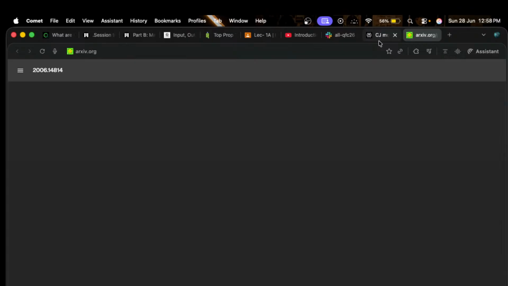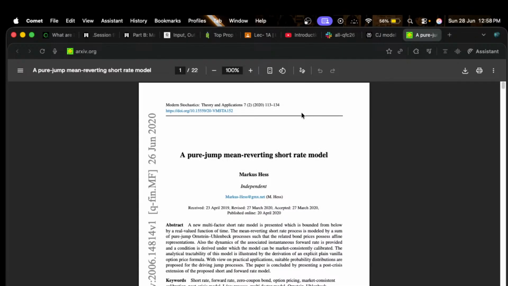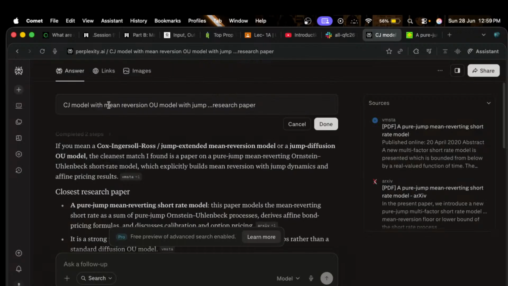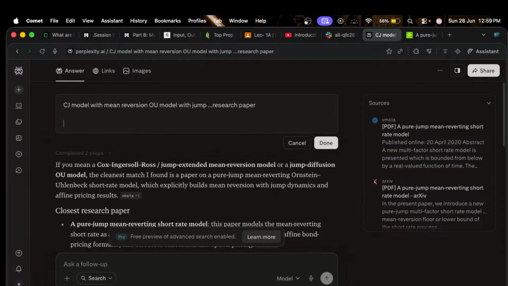Okay, we are getting this, but I'm not sure if this is the correct thing. Okay, pure jump mean reversing short rate model. So this is basically a market making model. Wait a minute. Market making paper, I believe.